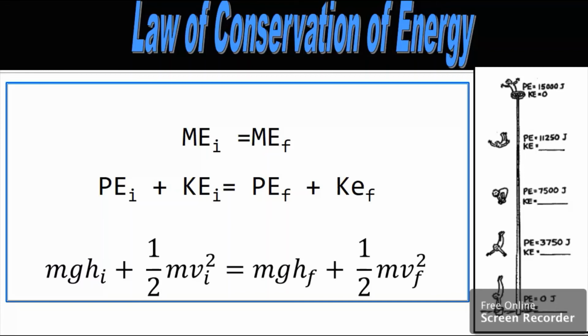So instead of potential energy, I'm writing mgh, the mass times the acceleration due to gravity times the height at the initial condition. Then I can do the same thing for the kinetic energy, 1/2 mv squared. But remember, the kinetic energy initial is 0, and the potential energy final is 0. So I can simplify that last line into mgh initial equals 1/2 mv squared final, because the other two in the middle are zeros.